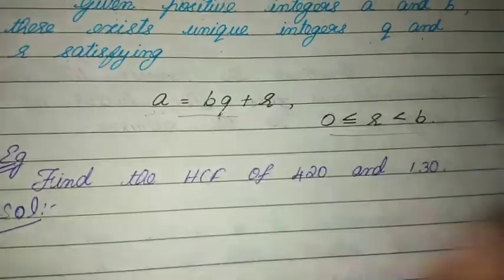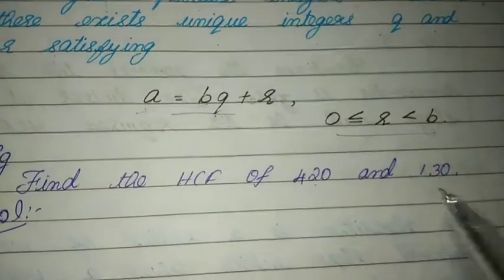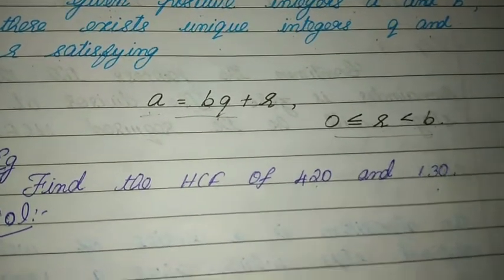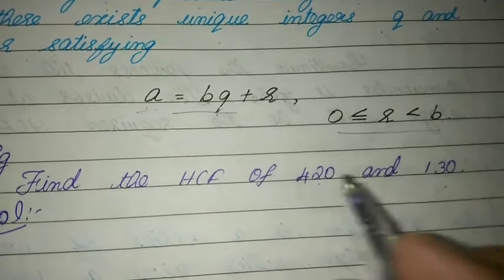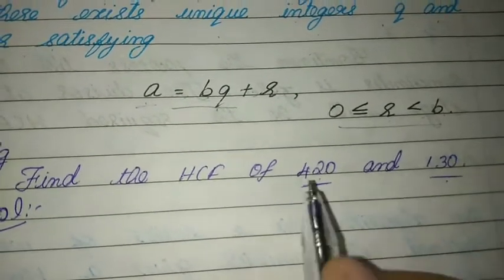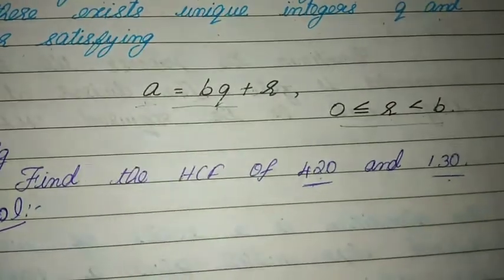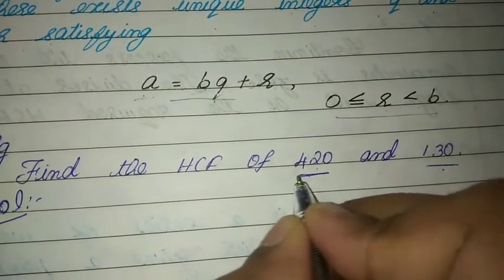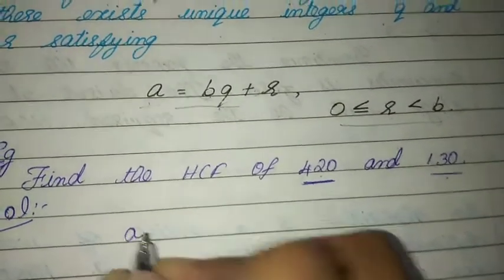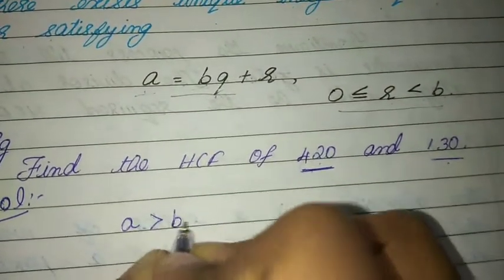So here a and b values will be given and we have to find q and r which satisfy the given equation. So the greatest number in the given two numbers will be taken as the value of a. Okay, so the value of a here is 420 because always a should be greater than b.